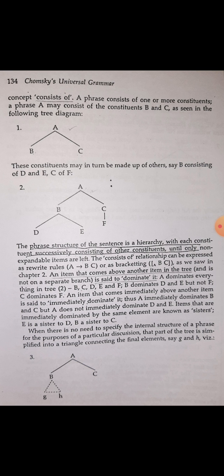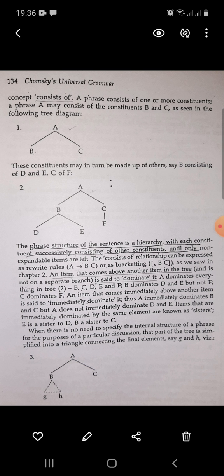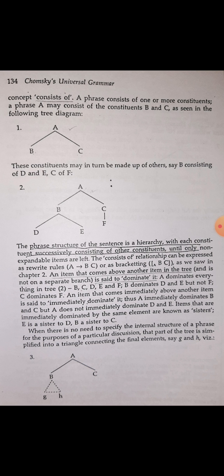The immediate parent of F is C, not A, but the immediate parent of D and E is the same, that is B. So D and E are sisters, but D, E, B, C, and F cannot be called sisters because they are not immediately dominated by A. So the same thing he is going to tell us, that the relationship is evident through the levels on which the items are present in phrase structures.